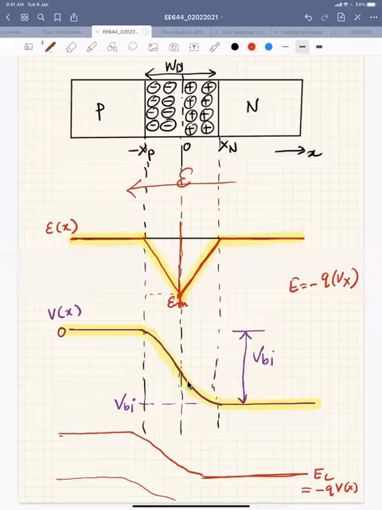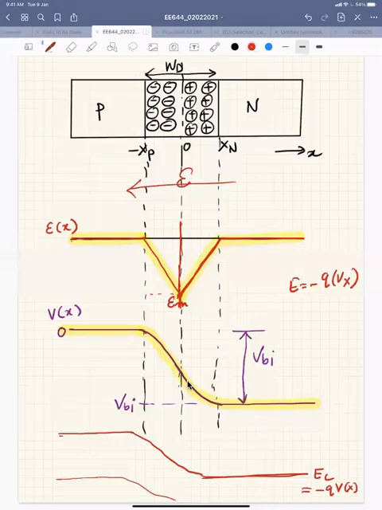So I have gone through it quickly, but you know this derivation, so I don't have to spend much time here. The only thing I want you to take from this derivation is that your electric field is maximum at the junction, and your potential change is quadratic. Here you have a homojunction, meaning p type is silicon and n type is silicon.